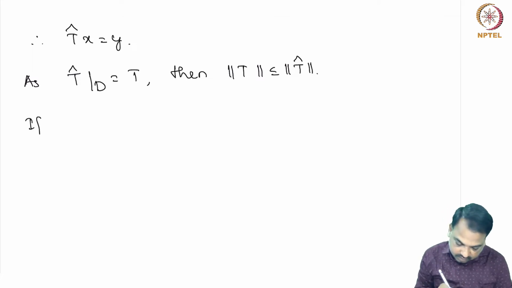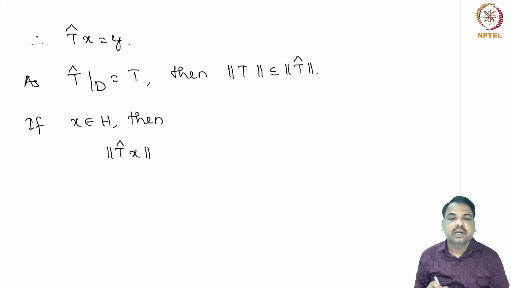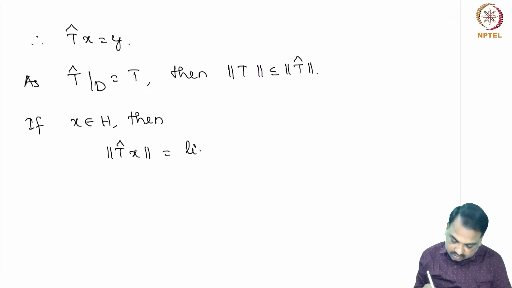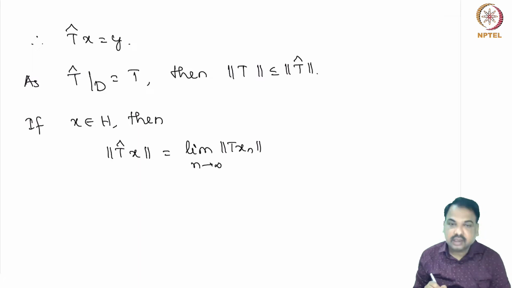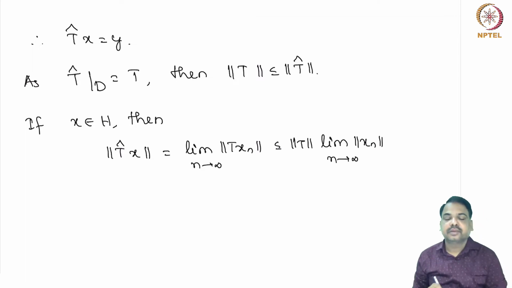Now if x is in H, then we have the norm of T hat x. This is the limit of the norm of Txn, where xn converges to x. This is at most the norm of T times the limit of the norm of xn.